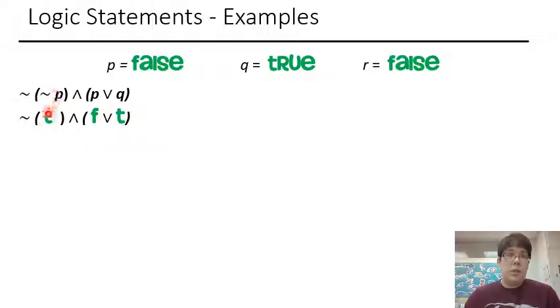So I'm going to work the inside out. So not P would be true. Okay, and then I substituted these values. Now I'm going to go ahead and say what is not true. Well, that would be false. And then I went ahead and did false or true is true. Now you combine these two together and you get that the final answer is false.